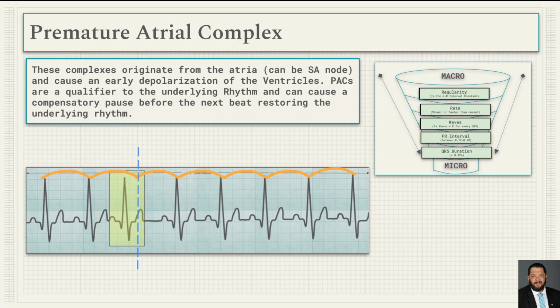What differentiates the PAC, the atrial complex, versus the premature junctional complex or the premature ventricular complex is simply the shape of the complex that's occurring prematurely. We can see here that the premature complex has a P wave, the QRS is narrow, it meets the hallmark criteria of an atrial beat, and so we'll call it a premature atrial complex.